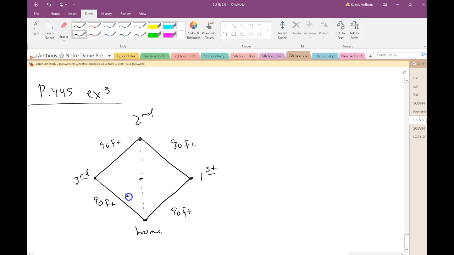And we're told that from home plate to the pitcher's rubber is 60.5 feet. And we're asked to find the distance from the center of the front edge of the pitcher's rubber to the far corner of first base. So we want that length there.